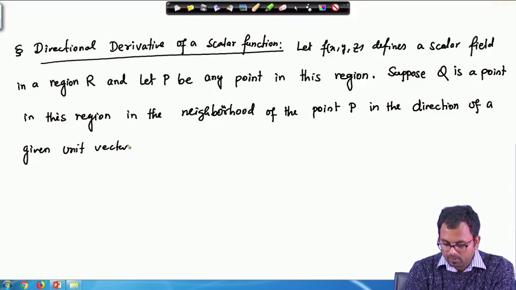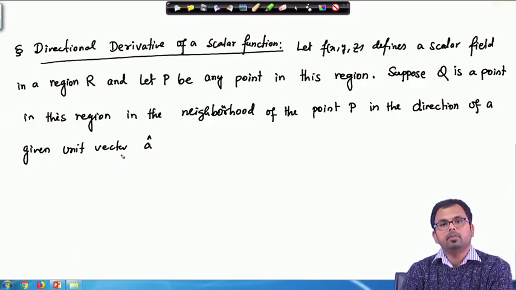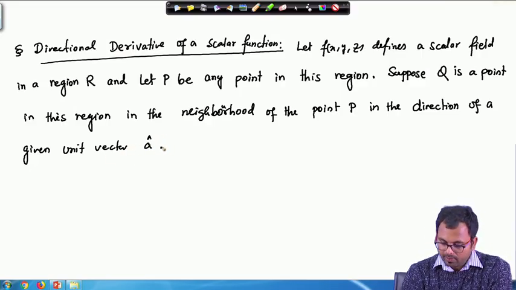So, this is very important. We always have to have a unit vector when we are calculating the directional derivative, a given unit vector a cap.